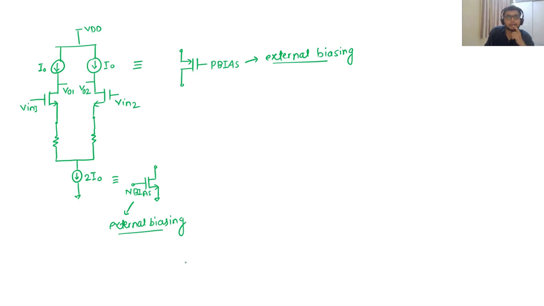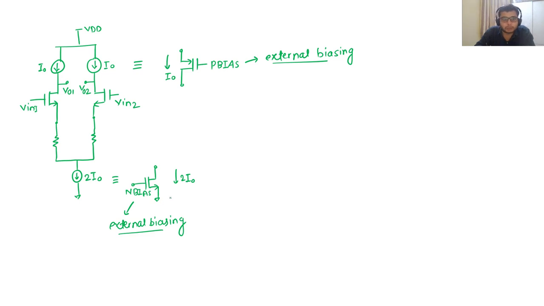Now first of all, I will tell you a little bit about the sizing, so that further I can calculate the gain and other parameters. We will see the importance of that. If I am sizing this transistor with I0 across it, and sizing this transistor with 2I0 across it, I want this transistor to allow 2I0 to flow.